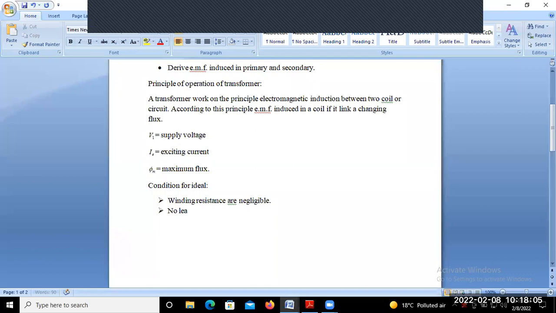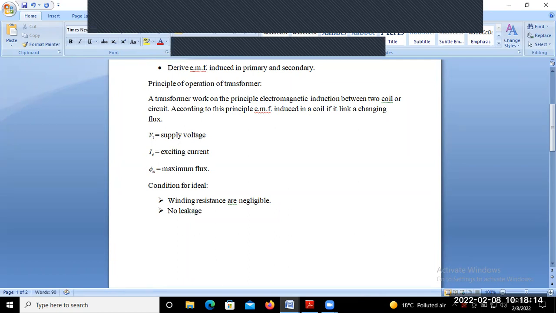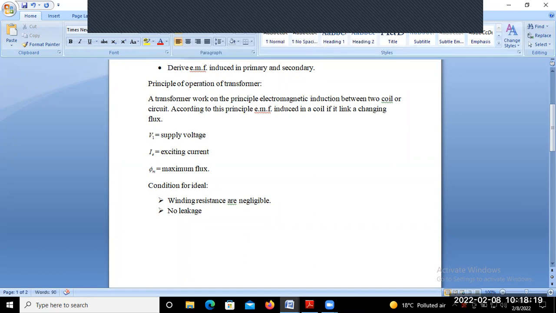No leakage flux means whatever flux is produced in the primary must link the secondary coil.